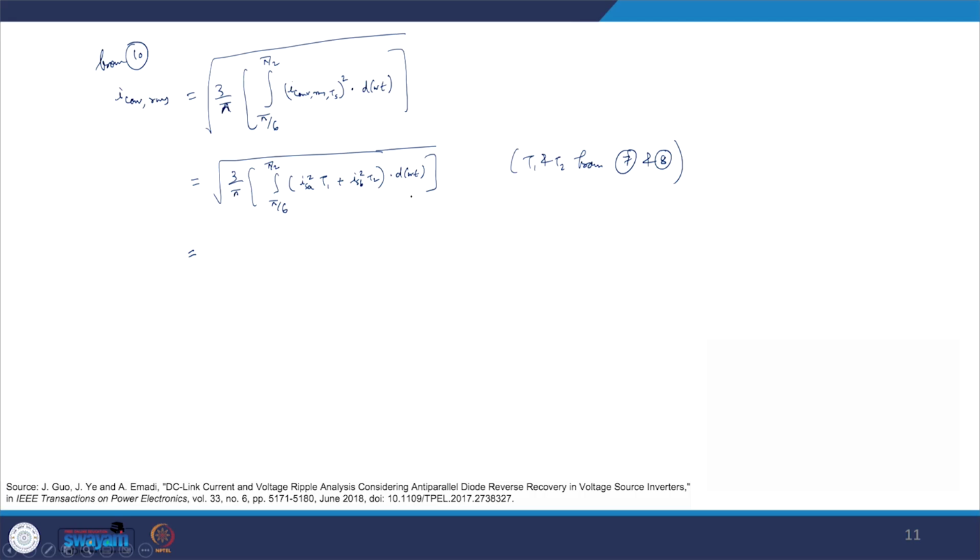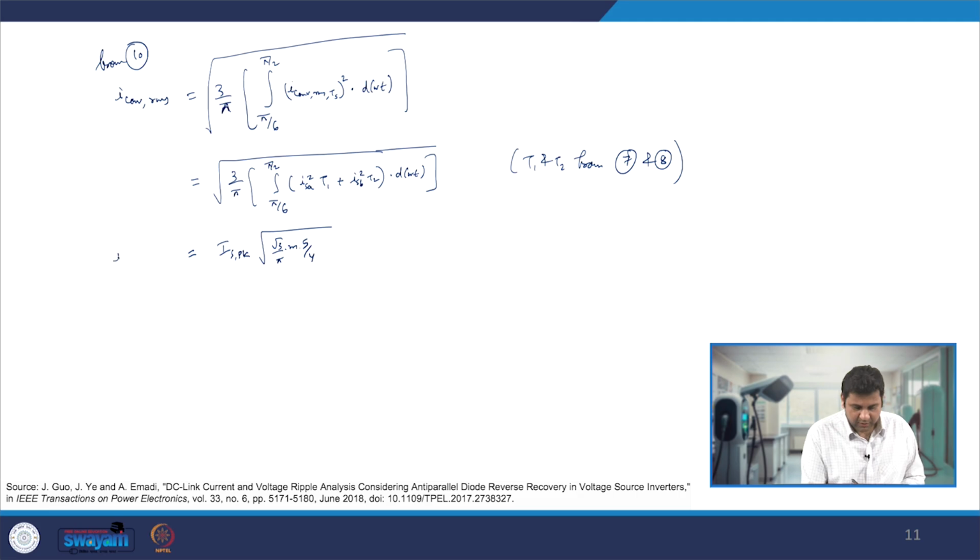When you equate this and put it in, find out the integration, you can use higher computation software, you will get Is peak under root 3 by pi M 5 by 4. This is the value you will get, the I converter RMS value, and let us define this as 12.